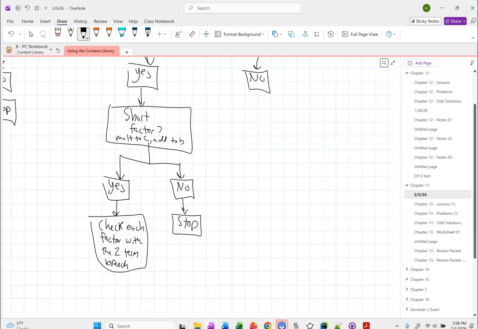If my answer was no, if the leading coefficient wasn't 1, then we have to check to see if we can do the long factoring.